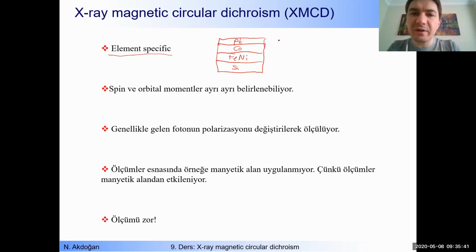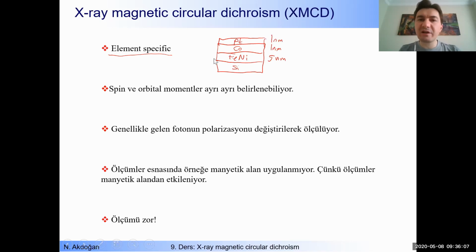The thickness of platinum, let's say 1 nanometer, and thickness of cobalt is 1 nanometer, and thickness of this iron nickel is, let's say, 5 nanometer. So by using this method, you can investigate cobalt, iron, and nickel separately.